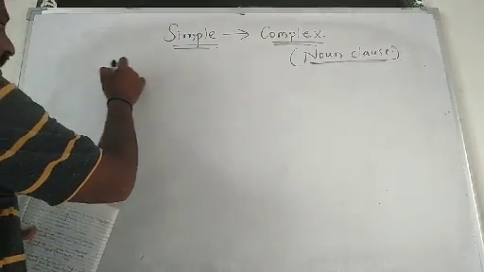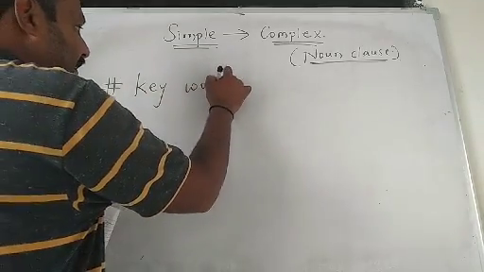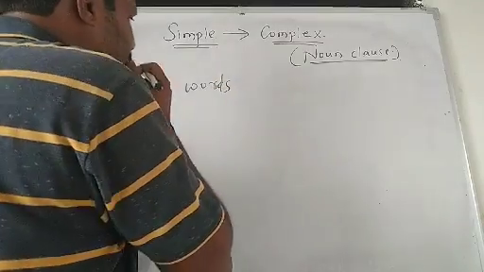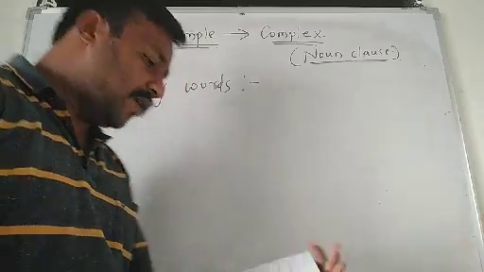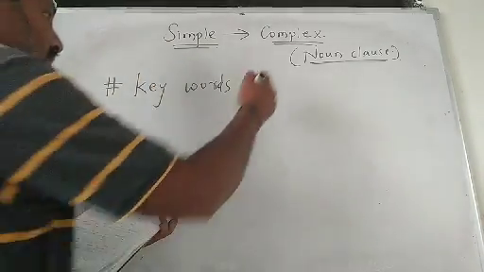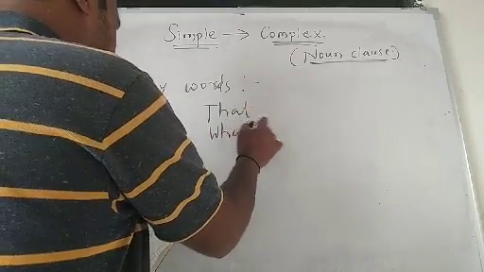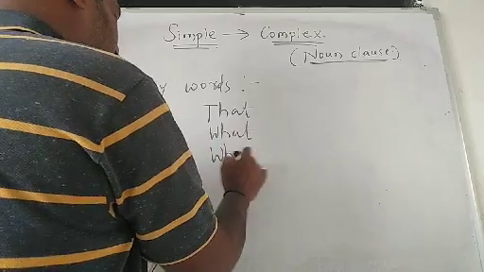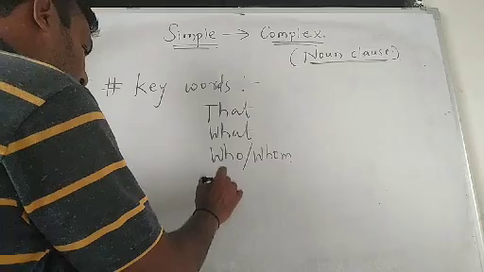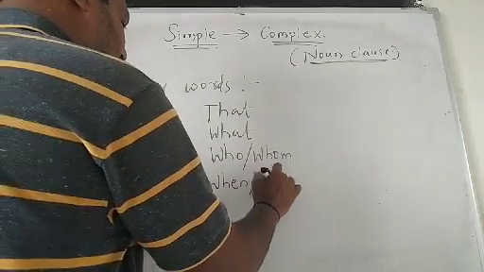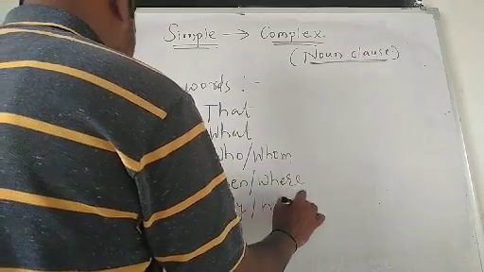Let me give you some keywords which will definitely help you. These kinds of keywords will help you to change simple sentences into complex sentences: that, what, who or else whom, when or where, or sometimes why and how.